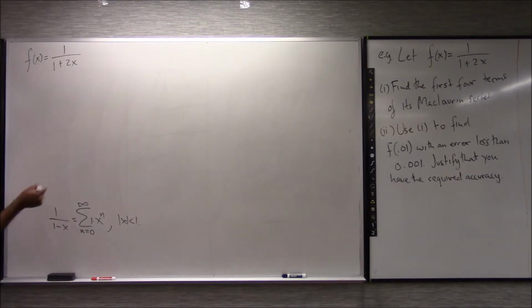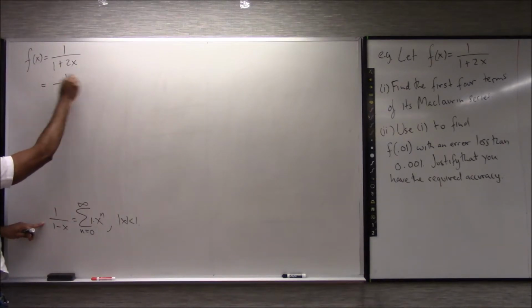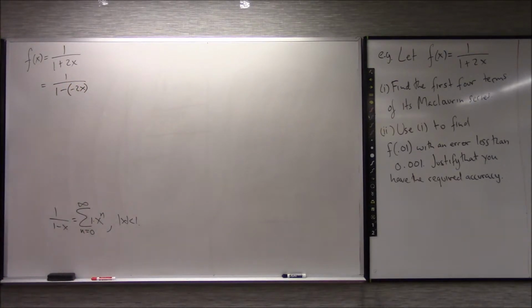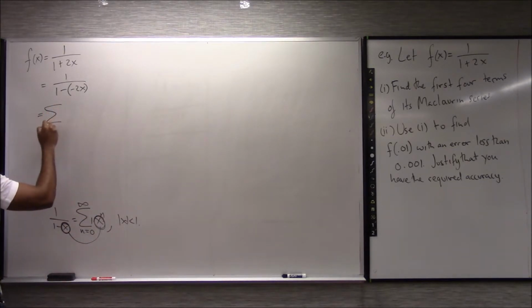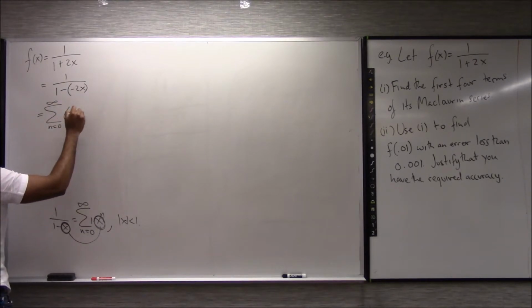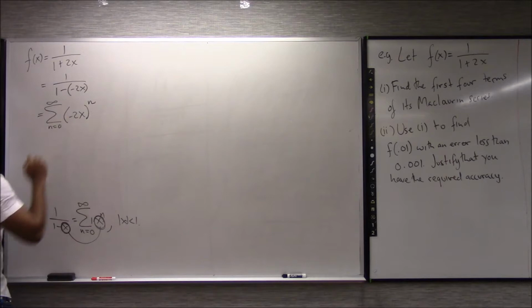So this guy, you're going to try to piggyback off this one. So you probably write it like that. And so now, if this x changes to minus 2x, you'll just replace that x with minus 2x. So it's just going to be minus 2x to the n.